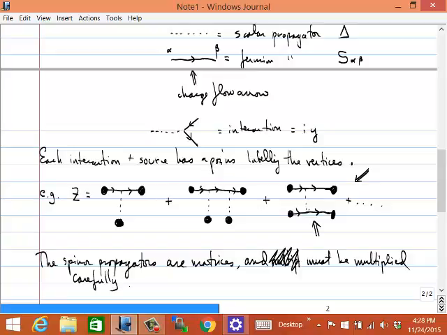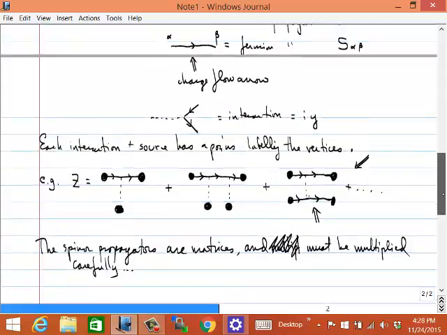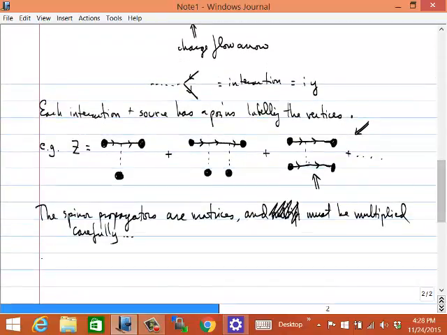So, in particular, what you need to keep in mind is that fermion indices in these diagrams must be contracted, that is to say, multiplied together, along the lines of particle flow.